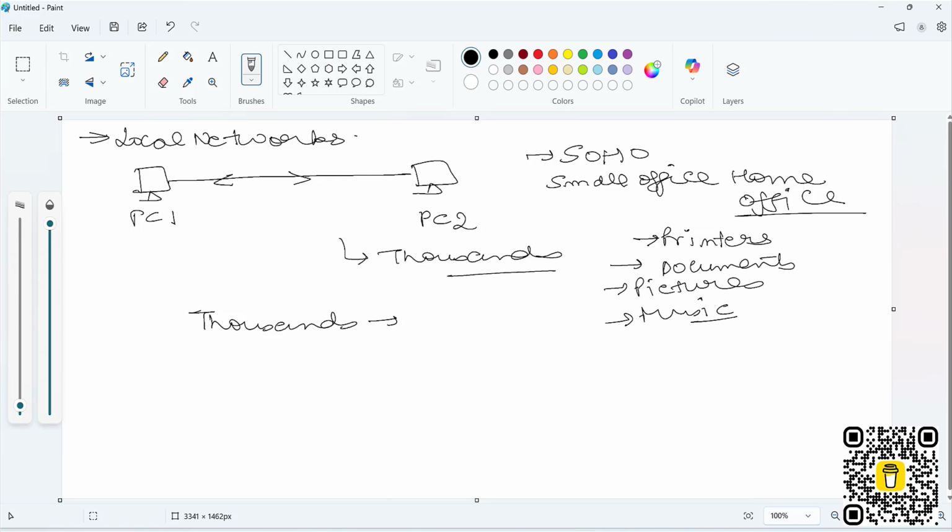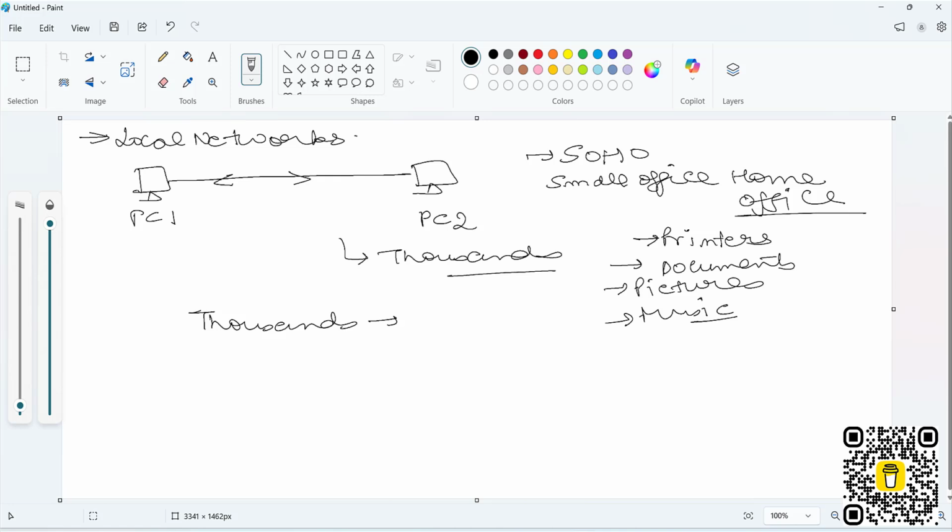So with a SOHO network, small office or home office, we can efficiently manage the communication between various computers or devices which are connected to the network. The good thing with networking over the internet is also that it allows us rapid communication. Nowadays, emails and instant messaging all allow us to use rapid communication.